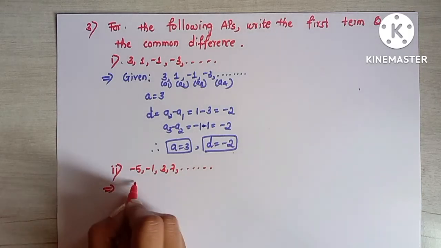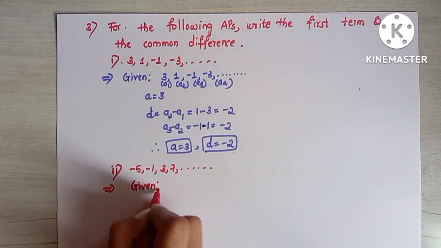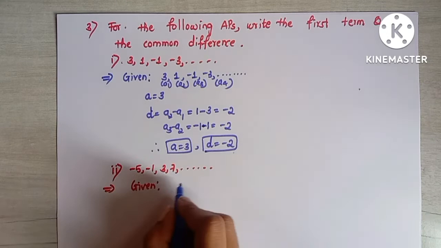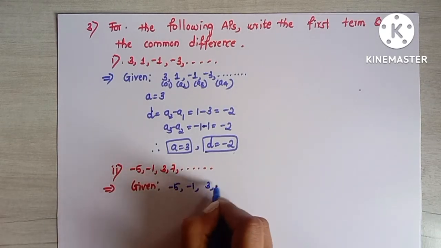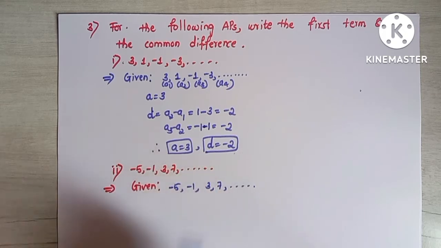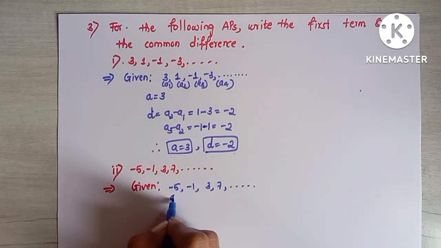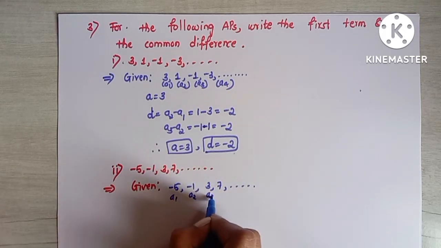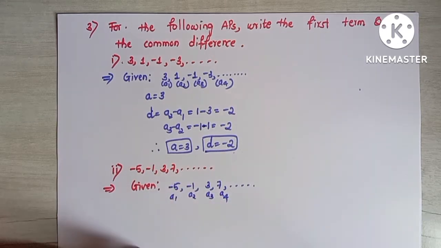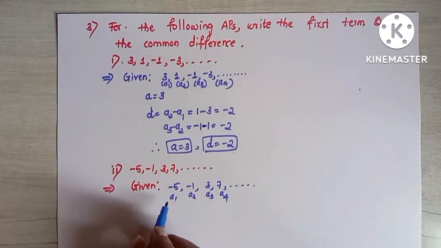So let us write what is given first. So given series is minus 5, minus 1, 3, 7 and so on. Let us denote it as A1, A2, A3 and A4. So what is A? A is first term, that is minus 5.